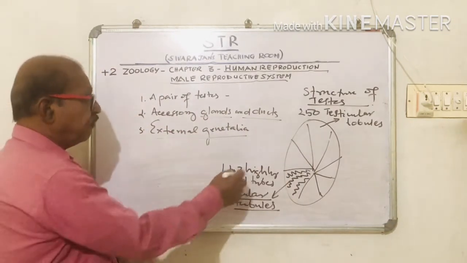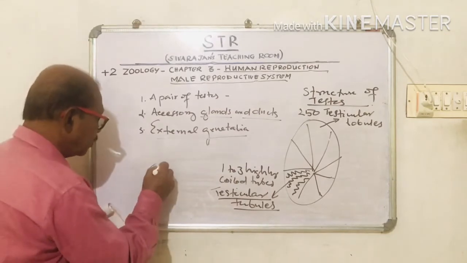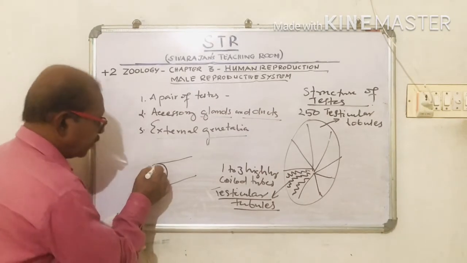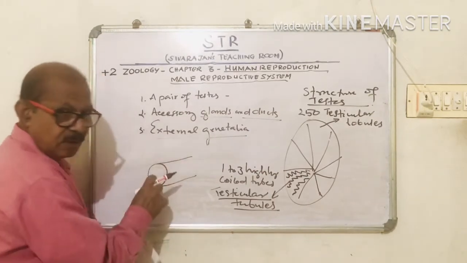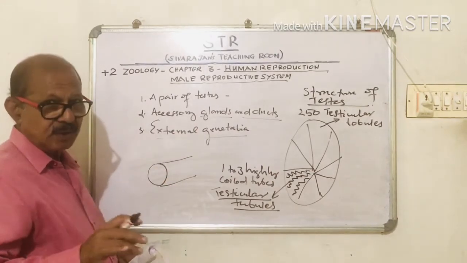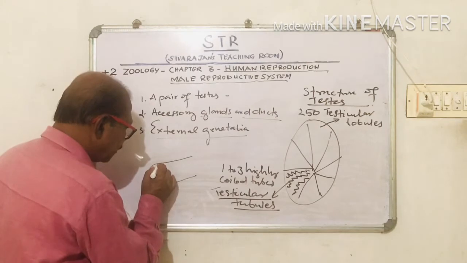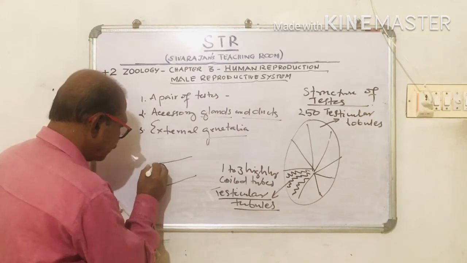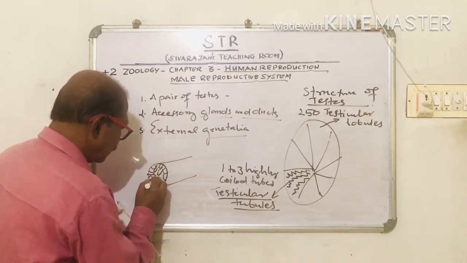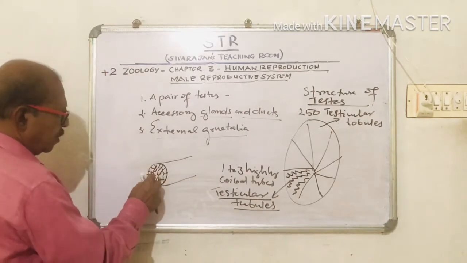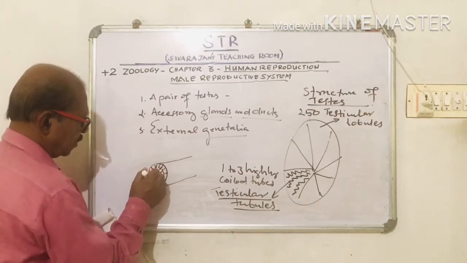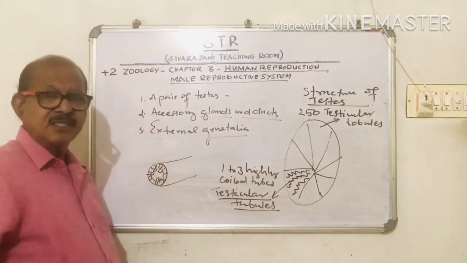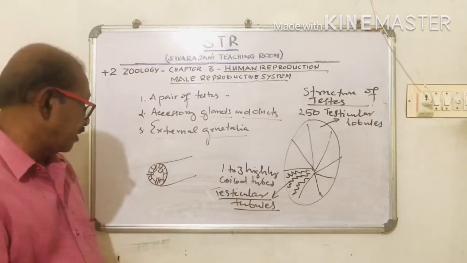And if we see the testicular tubule, this is a small tube which is highly coiled, and the inside wall of the tubule is lined by two types of cells.